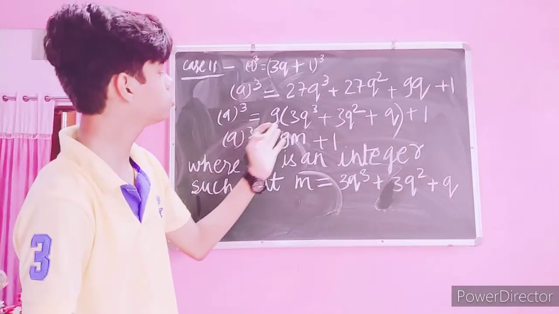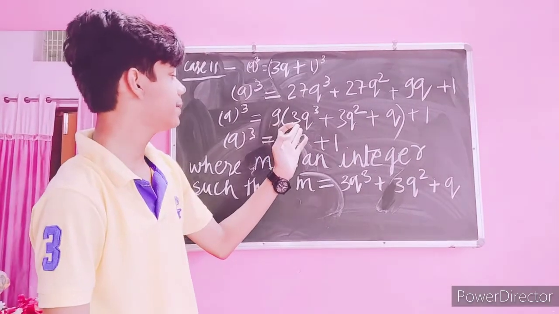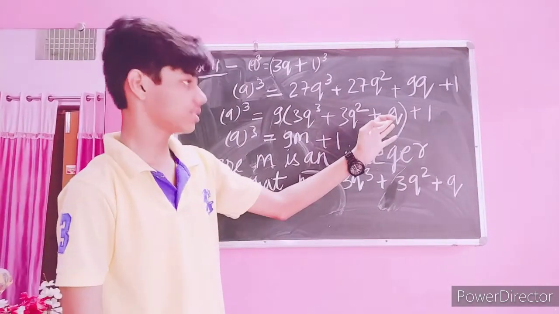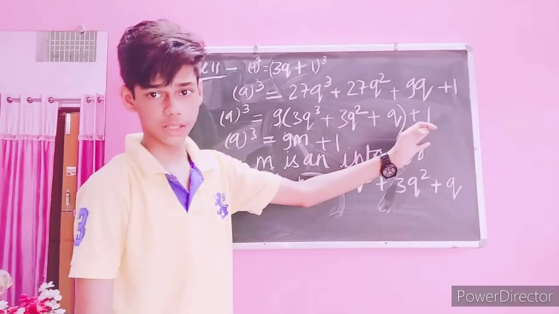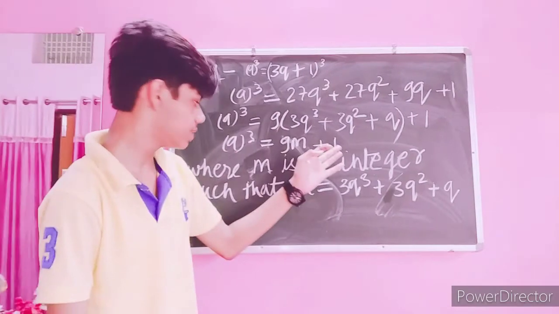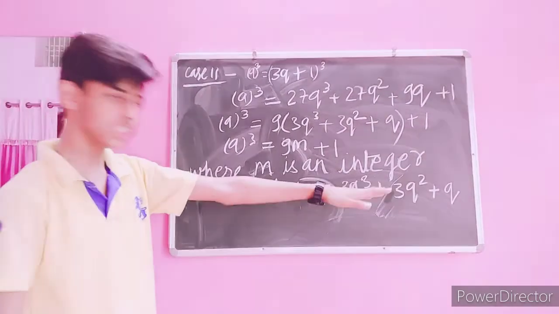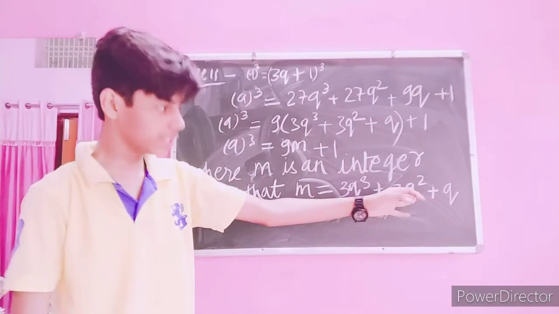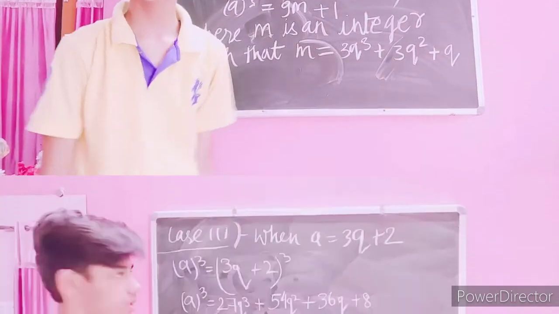A cube is equal to 9 multiplied by 3q cube plus 3q square plus q, plus 1. Okay, a cube is equal to 9m plus 1, where m is an integer such that m is equal to 3q cube plus 3q square plus q.